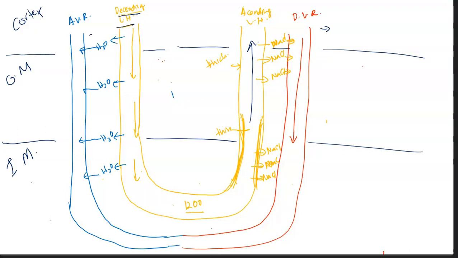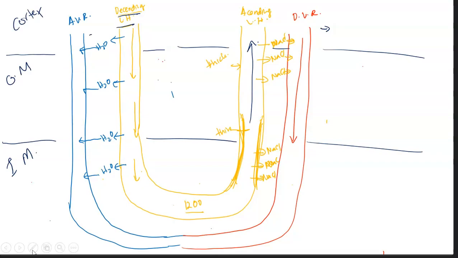You see here, I'm using the laser pointer. Water leaves by osmosis or through aquaporins that are present in the descending limb of loop of Henle here.